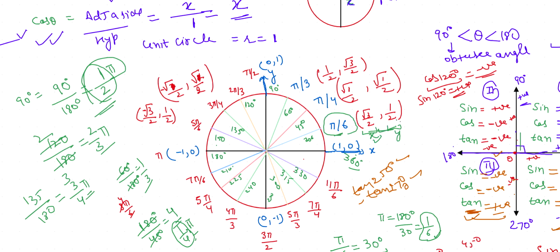For pi by 4 means then the angle is 45 degree. X is representing cos theta, means cos 45 degree is equal to 1 by root 2 and sine 45 degree is also equal to 1 by root 2. And for 60 degree means cos 60 degree is equal to 1 by 2, sine 60 is equal to root 3 by 2.